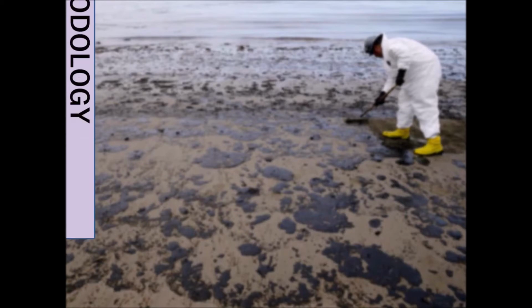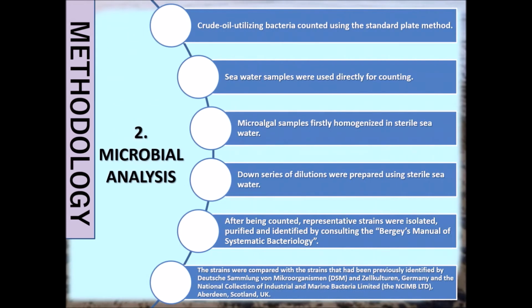After sampling, microbial analysis was done. The crude oil-utilizing bacteria were counted using the standard plate method. After being counted, the representative strains were isolated, purified, and identified. And then, the strains were compared with the strains that had been previously identified.